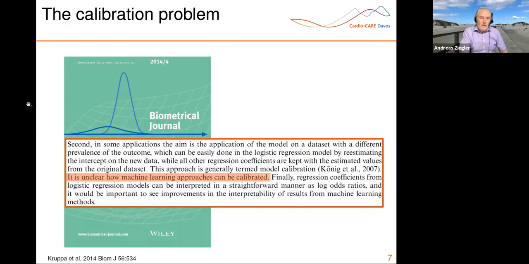So it was absolutely straightforward how a logistic regression model can be calibrated. And for some of the machine learning approaches, it was also quite clear how this could be done. But we were lacking at that time a clear understanding of how it could be done. And we had discussion papers in this special issue and also some reply.